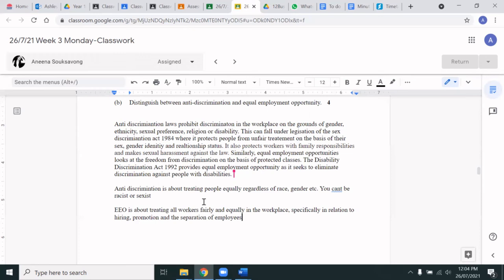That's under anti-discrimination. If I'm a deputy principal and I'm treating someone differently in relation to the workplace because of their gender, their religion, their marital status, their sexual preference, those things, then that's equal employment opportunity.